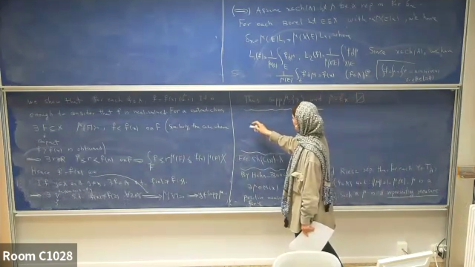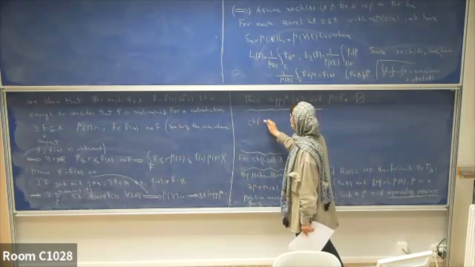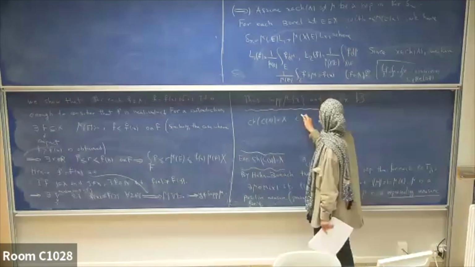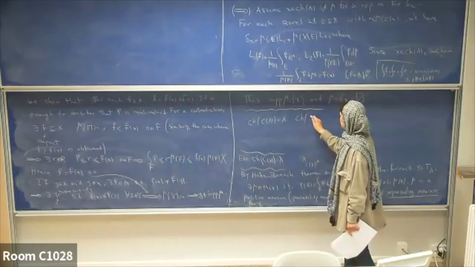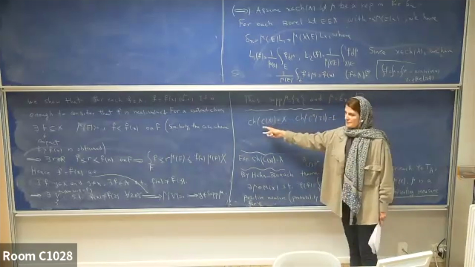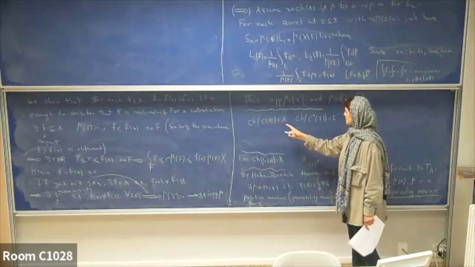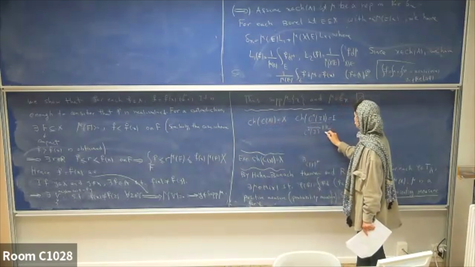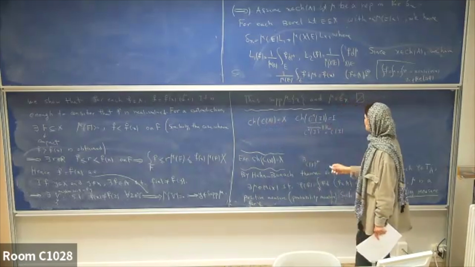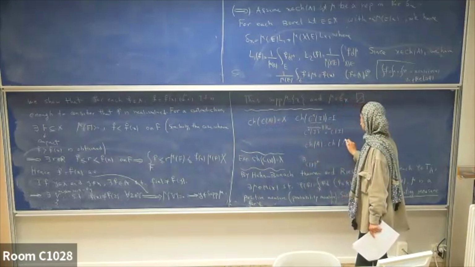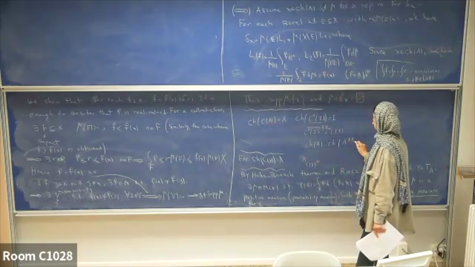And for example, the Choquet boundary of C of X is X. The Choquet boundary of C^n of I is I, because the only representing measure is the Dirac measure, and also here because C^n of I is dense in C of I. And actually the Choquet boundary of A is the same as the Choquet boundary of A with sup norm.